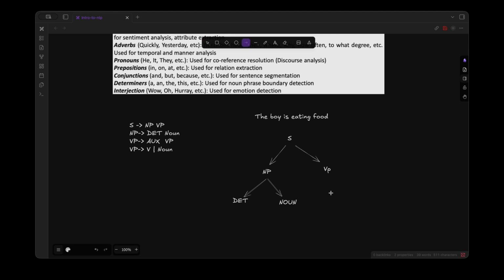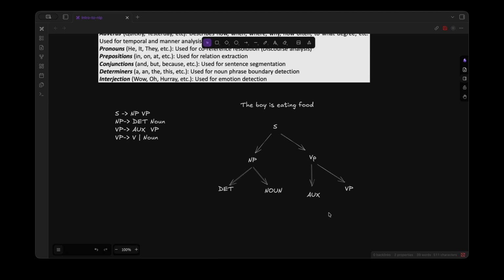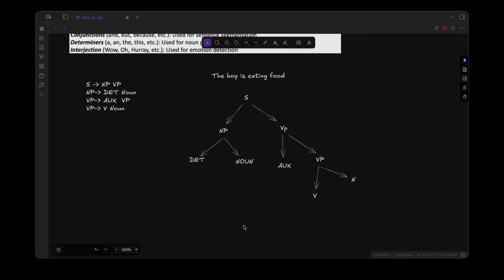From the verb phrase, I can get an auxiliary verb and a verb phrase again. From the verb phrase, I can get a V and a noun. These kinds of things I can get.